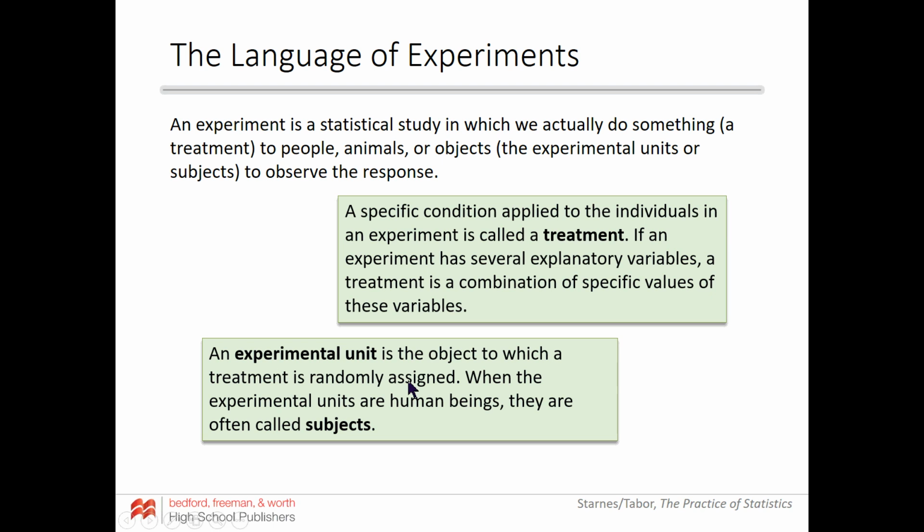But like I said, if we were doing an experiment on potato chips or, let's say we want to test a certain type of fertilizer and see if the fertilizer helps roses grow taller or something like that, the roses are the experimental units, because they're not people. All right.